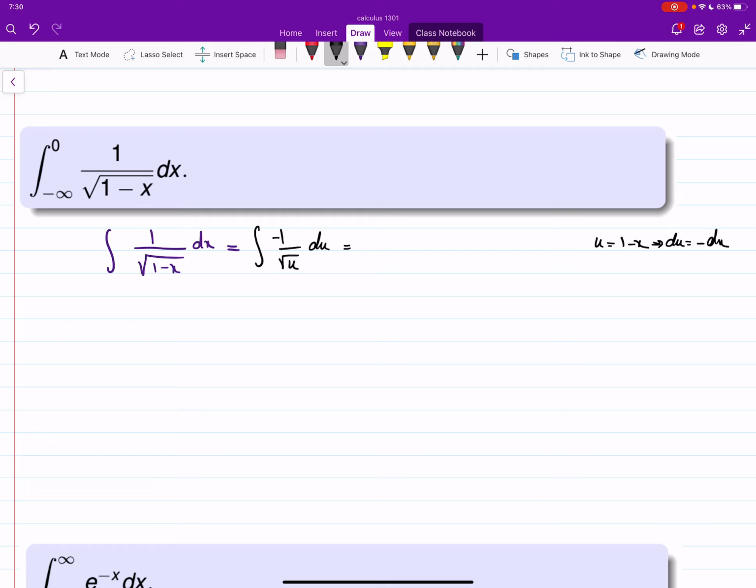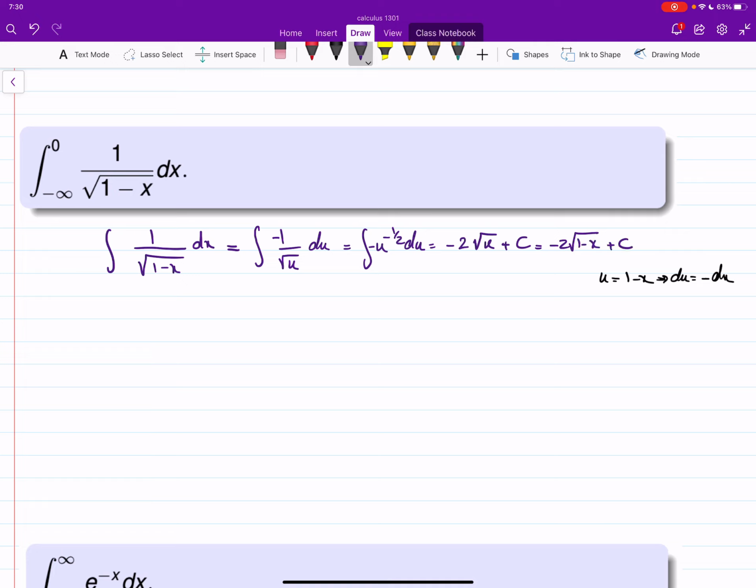And then this is basically u to the power negative half du, and that will give us negative 2 u to the power half, which is just root u, plus c. Plug it back in, so I have negative 2 root 1 minus x plus c.